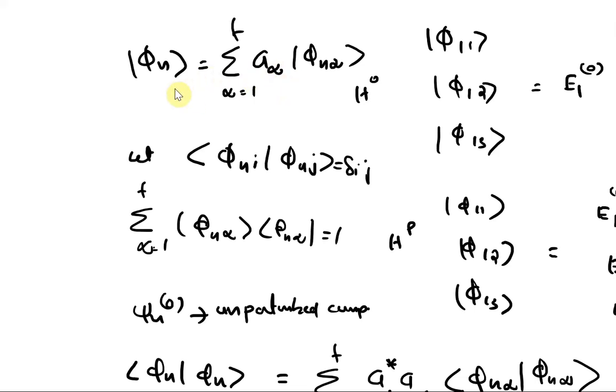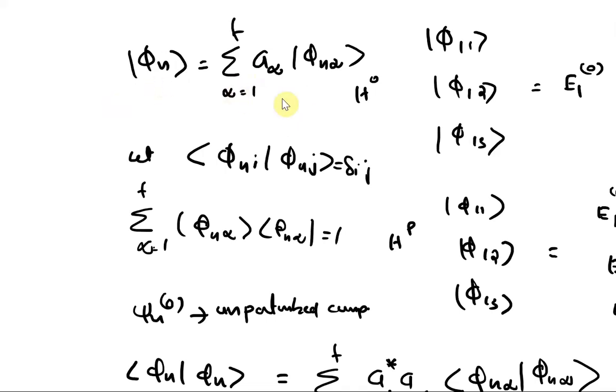So the idea here is that what is different compared to non-degenerate perturbation theory is this thing, where in non-degenerate perturbation theory we have to find out the first order energy correction. Now with the first order energy correction, you will be able to calculate the state correction in first order, and with second order you can calculate the state correction in second order, and so on.